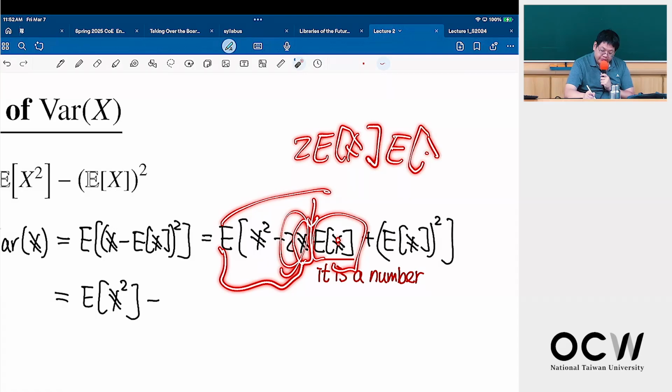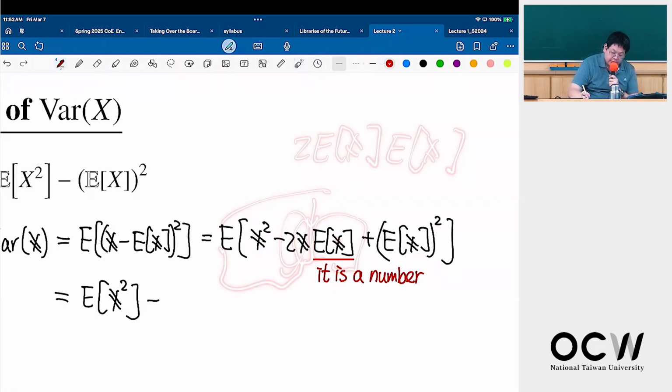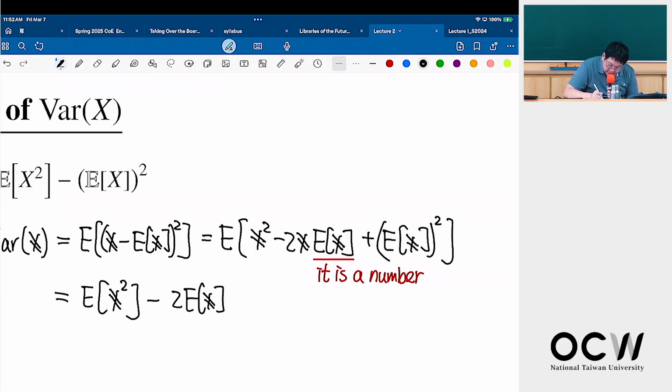That's why I have 2 times the mean times the mean, plus the mean squared.